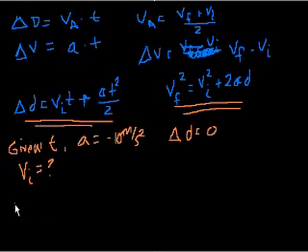So in this situation, change in distance is 0. Change in distance is 0 is equal to vi times time. And let me put the g in here. So it's minus 10 meters per second squared divided by 2.